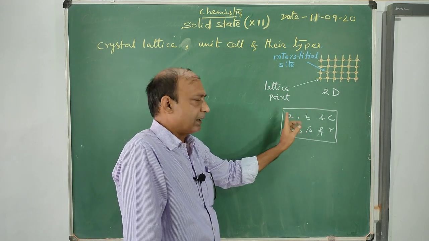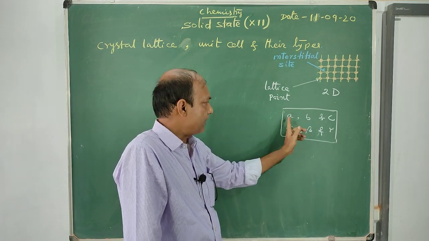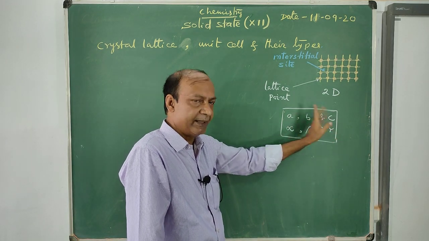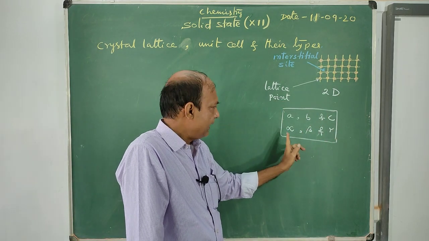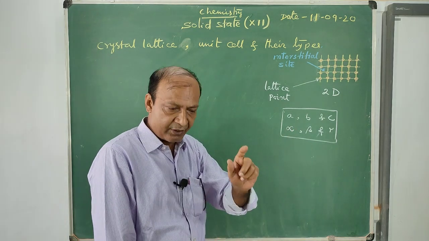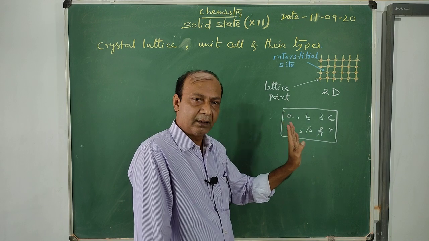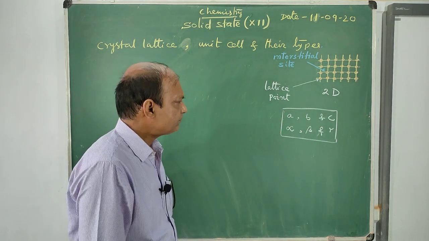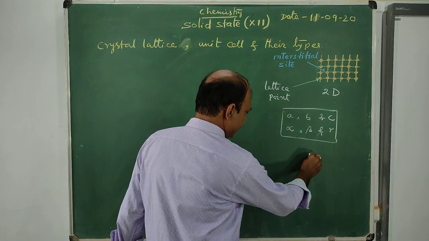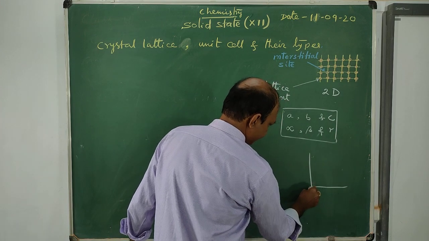Firstly, what are the dimensions? The dimensions are length, breadth and height, a, b and c, and interaxial angles alpha, beta and gamma. Clear? Now see, you can show it in this way.